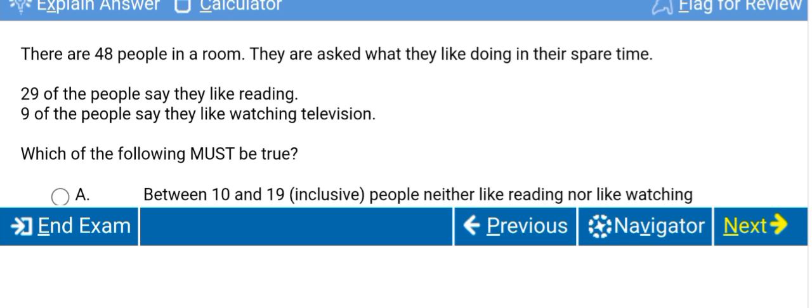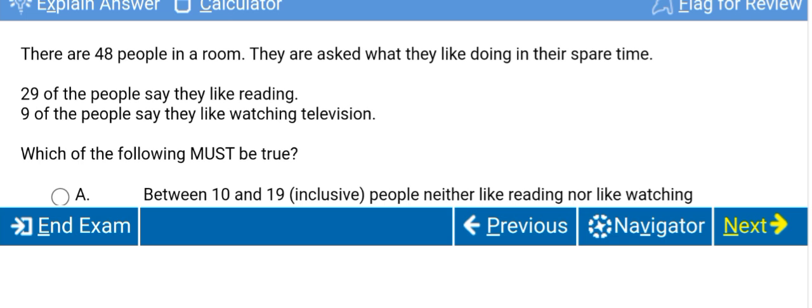They are asked what they like doing in their spare time. 29 of the people say they like reading, and 9 of the people say they like watching television. So, which of the following must be true?